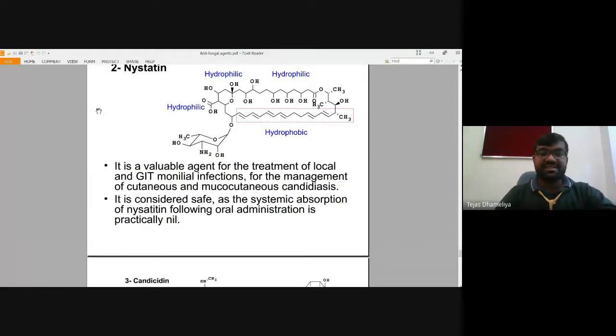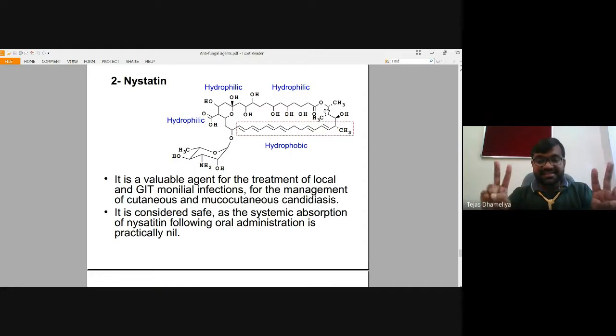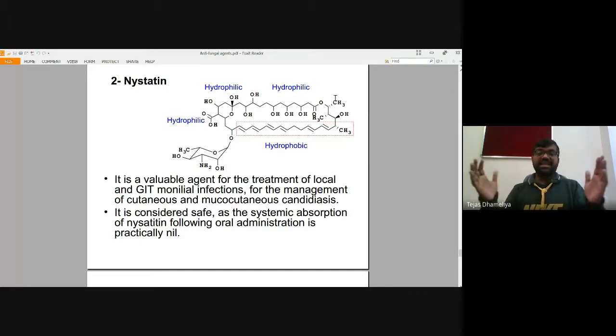Nystatin, again, is a 38-membered ring antibiotic, having 1, 2, 3, 4, 5, and 6 double bonds. So it is a hexaene, having 6 carbon-carbon double bonds. Friends, here they have classified that the COOH, hydroxyl groups and so on have a hydrophilic character, because they can make hydrogen bonds, and this part has a hydrophobic character.